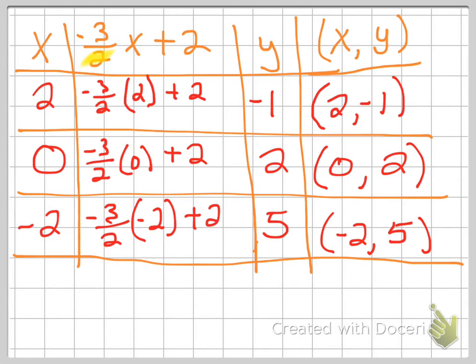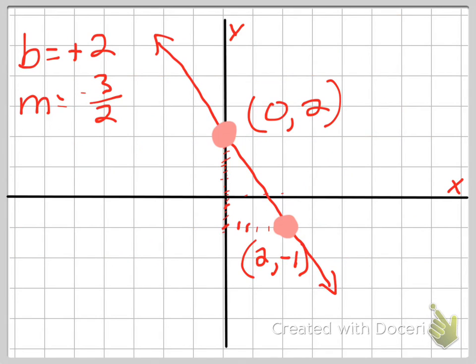Negative 2, positive 5. I want to start at my origin here. Go negative 2 this way was the x. And positive 5. 1, 2, 3, 4, 5. Oh boy. It's kind of ironic, isn't it?